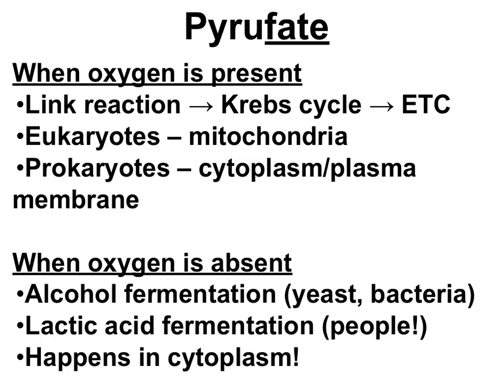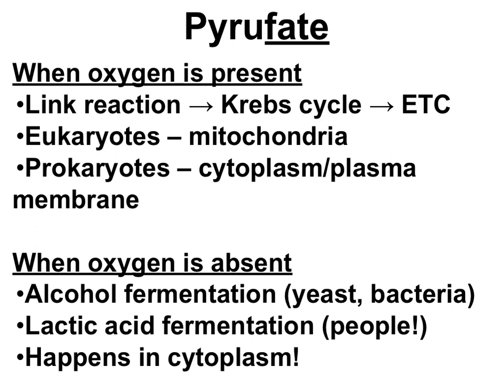Likewise, pyruvate has different fates depending on the conditions of the cell. In organisms that can do aerobic cellular respiration and have oxygen present, pyruvate is moved on to the link reaction and the Krebs cycle and then the electron transport chain, which happens in the mitochondria of eukaryotes or in specialized areas of the cytoplasm and plasma membrane of prokaryotes.